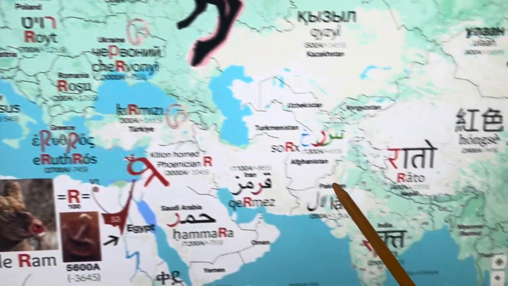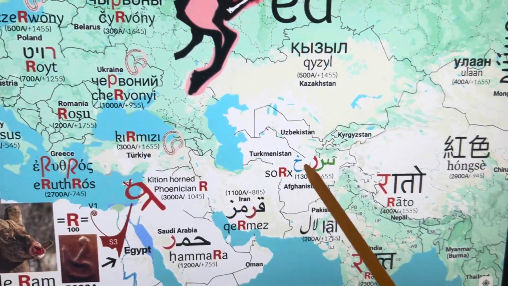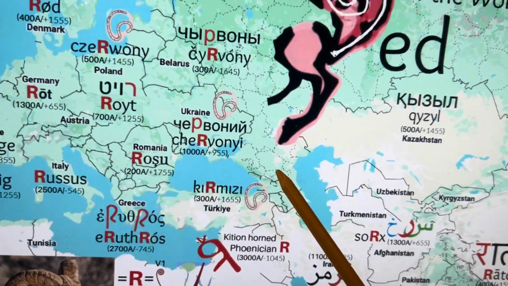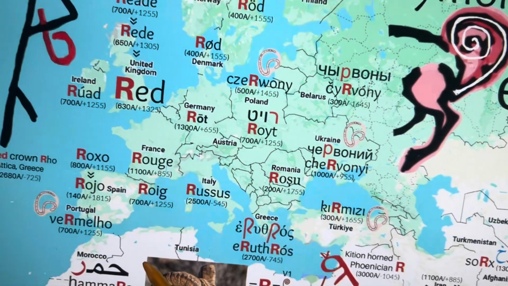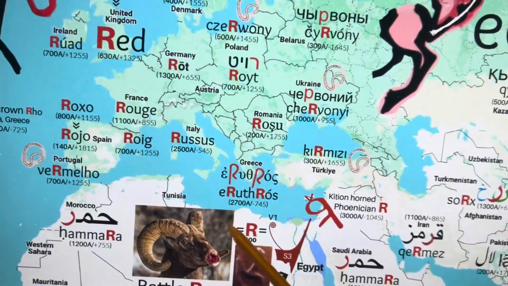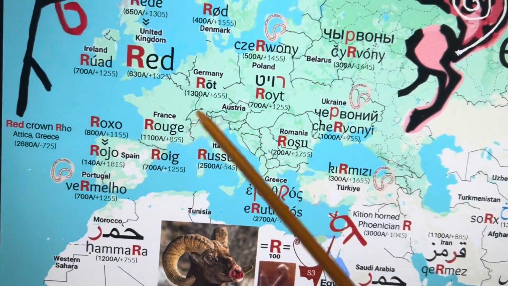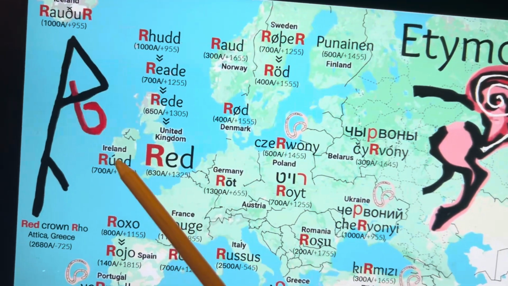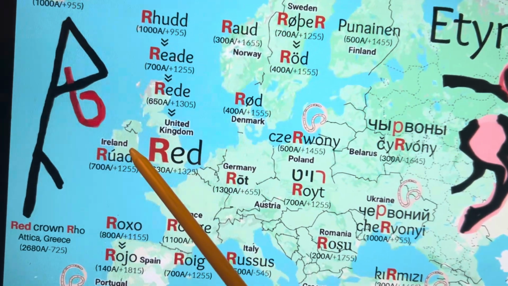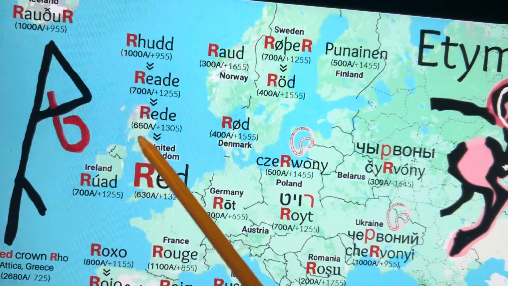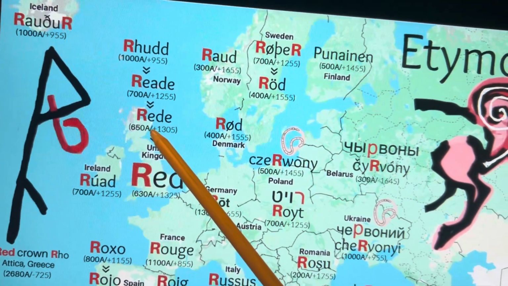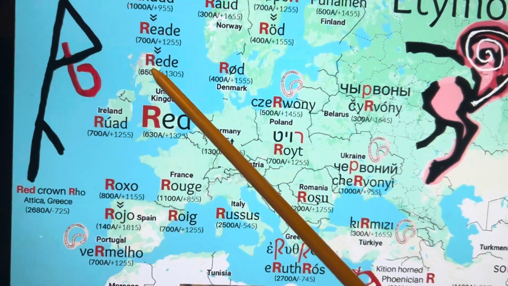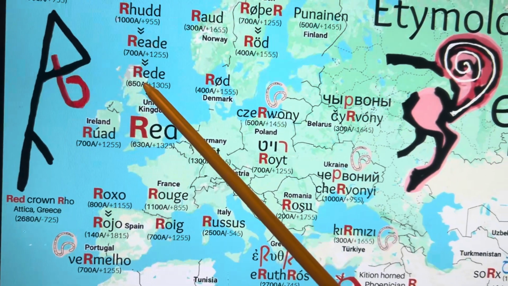He invaded India, he left troops over here by the Phasis River, and he conquered all of North Africa up this way. And we know things, for example, that the Queen of Scotland is named after Scotia, who sailed from here over to Scotland, and she's an Egyptian princess.